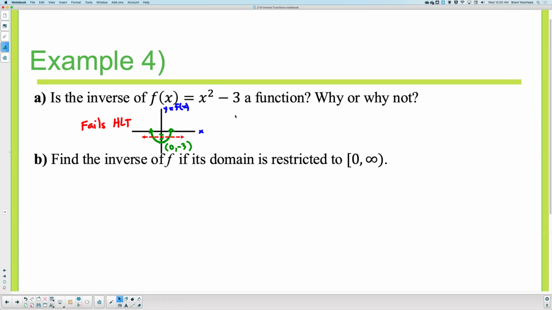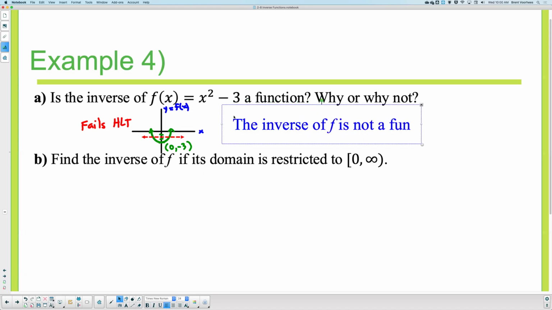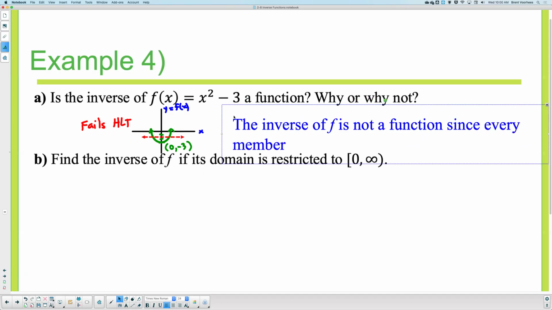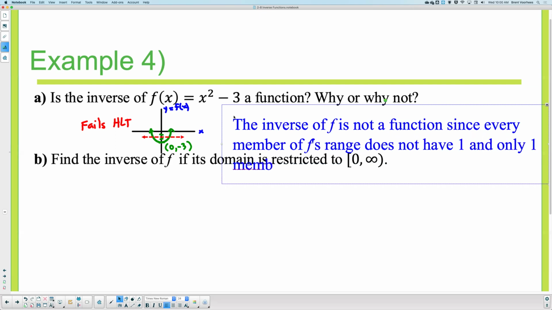And so what I would say here is the inverse of f is not a function since every member of f's range does not have one and only one member of the domain.